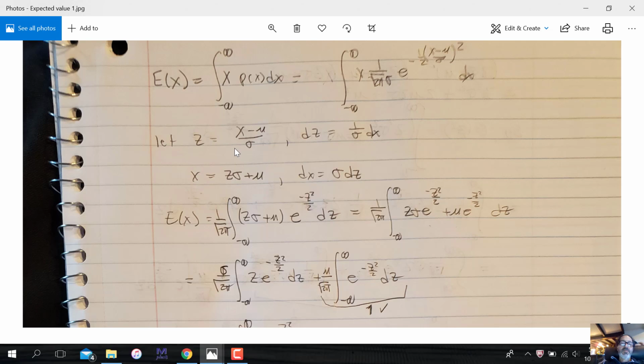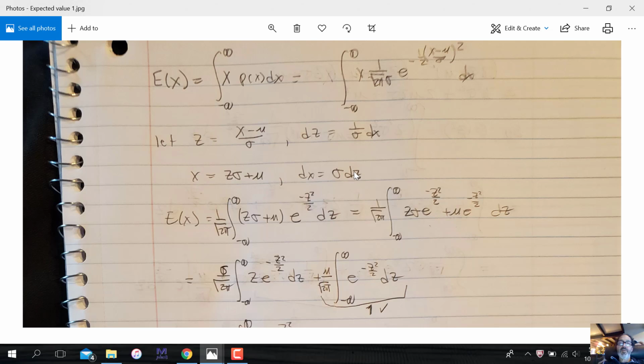And so let's restructure this so that we can actually solve for x. X equals z sigma plus mu. And the derivative here is the same as taking dx and then multiplying both sides of this equation by sigma. So we get dx equals sigma dz.